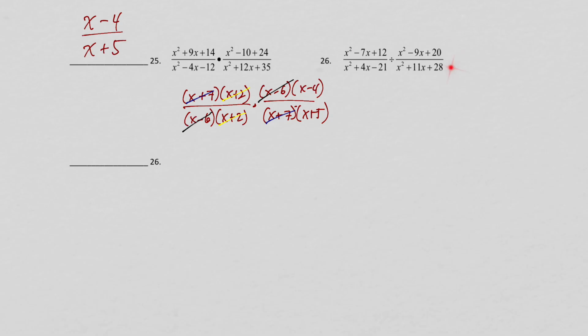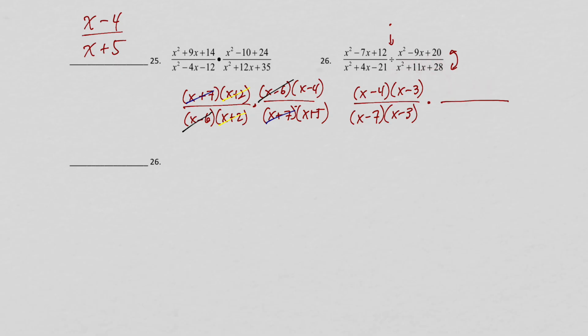Okay, I'm going to factor everything, and I'm going to change this to a multiplication and flip this upside down while I do this. So when I factor this, we've got x minus 4 times x minus 3. When I factor this, I've got x minus 7 times x minus 3. I'll change this to a multiplication, and I'm going to factor this but put it on top.